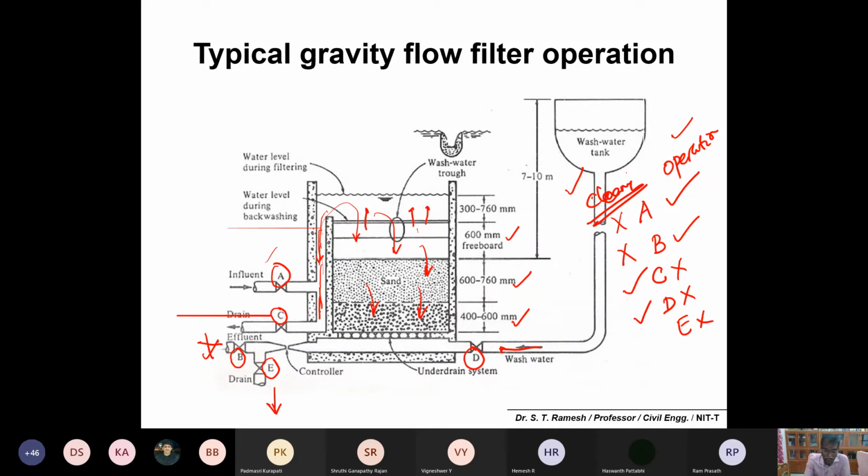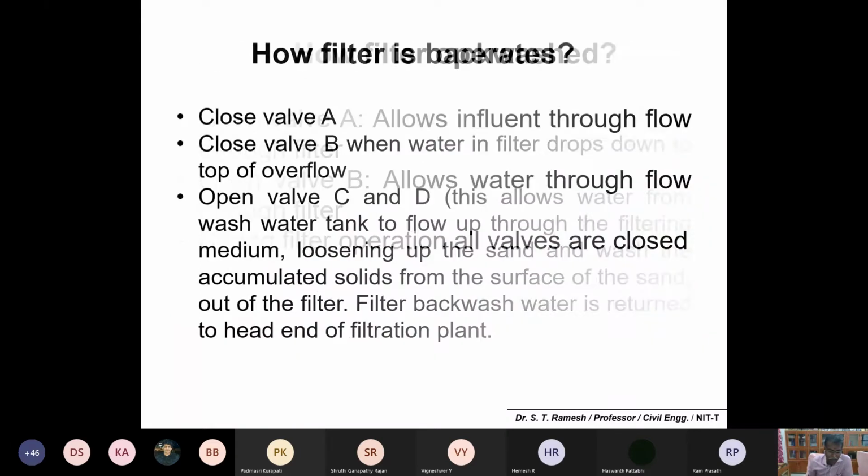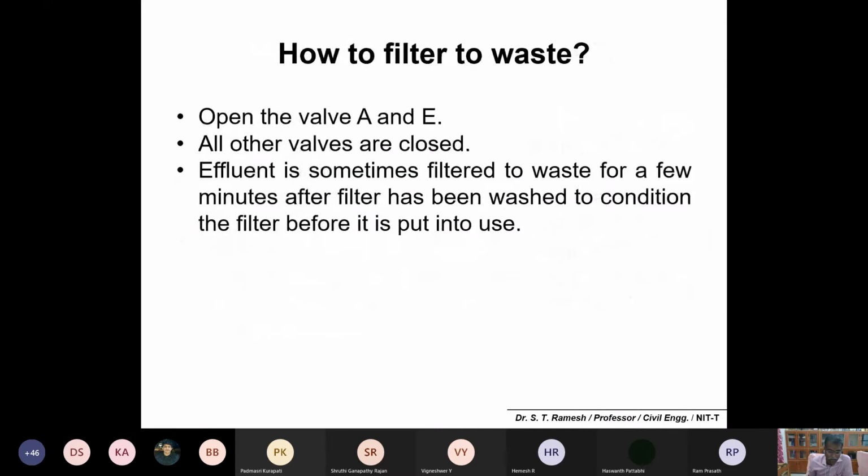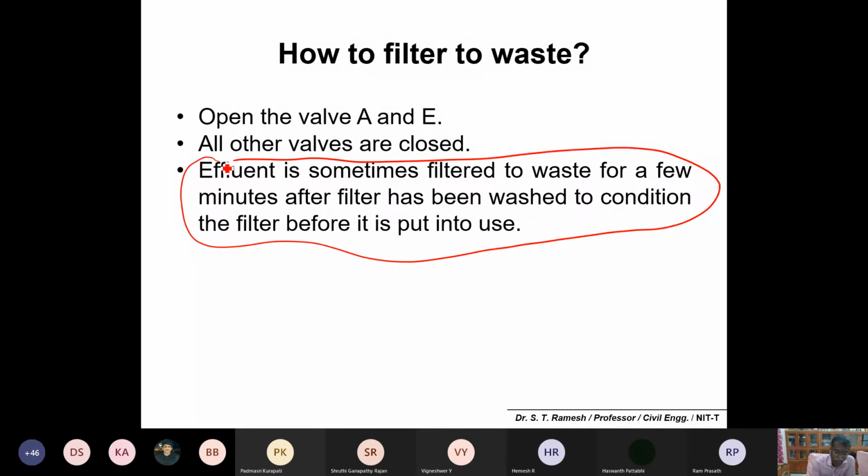Is it okay? So please remember how to operate the filter by the operation of valves, and how to clean or backwash the filter by opening these valves. And the last one is about how to filter to waste. That's what I told you just now. The effluent is sometimes filtered to waste for a few minutes after the filter has been washed, to condition the filter before it is put in use.